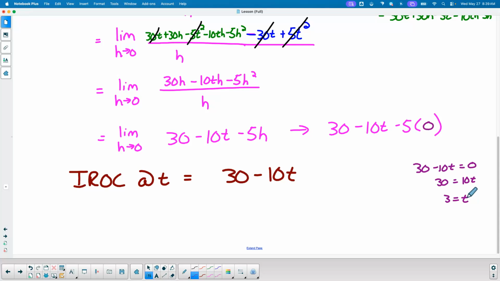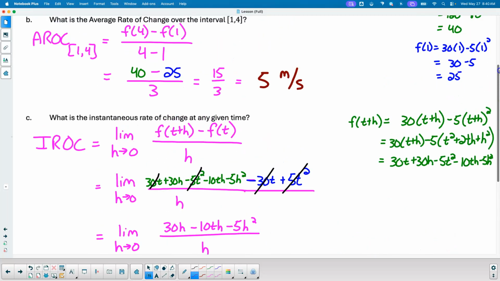Then what happens? Does it keep going? How can we tell? Plug in points. We already did those.